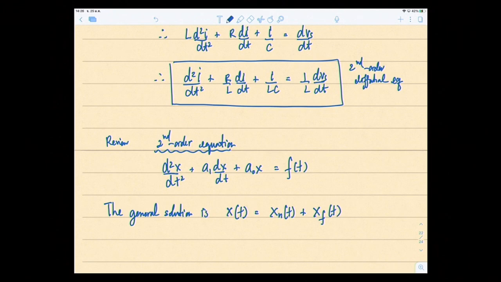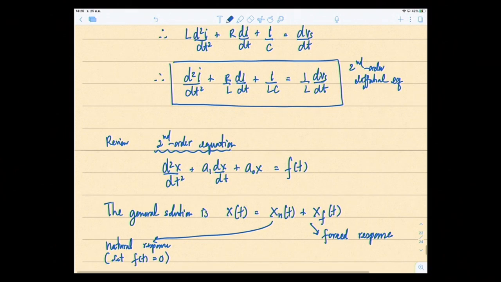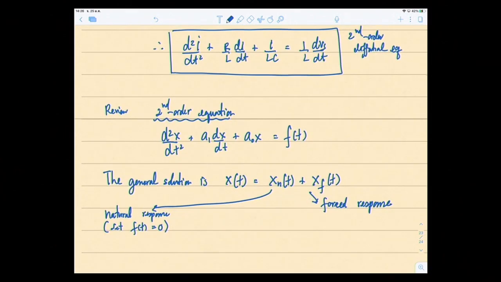The natural response is found by setting f of t equal to 0, and the forced response is the solution to the actual differential equation.